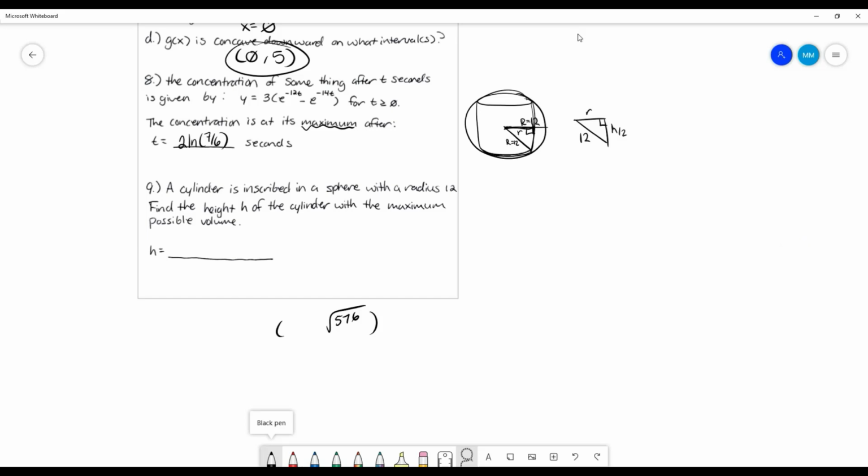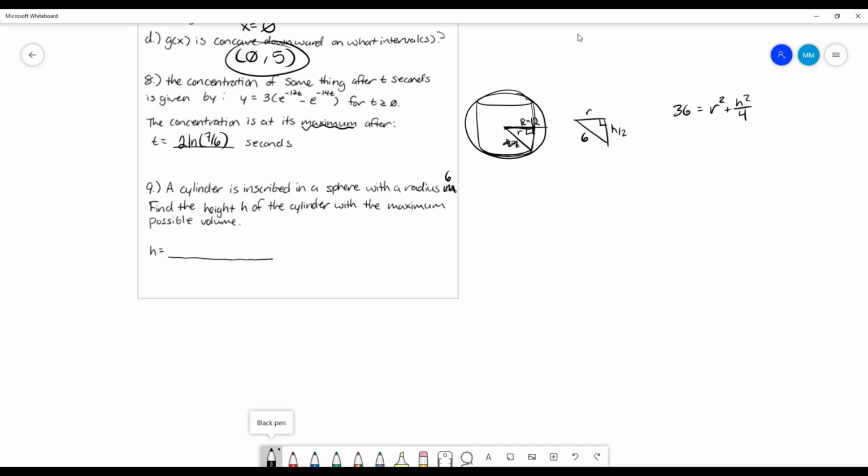Let's try a different radius and see if I can do it right. Let's say the radius is 6. So r equals 6.